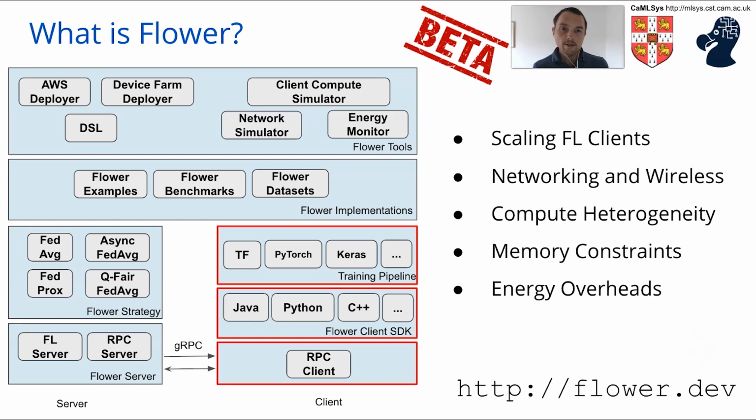A key component of Flower is the client support. We have a Flower Client SDK. You can implement Flower to run in terms of its client support on any different type of device through C++, Python, Java, and so on. You can take, as I mentioned, existing training pipelines that do not work in a federated fashion and link them in to our Flower framework and federate them in a very easy manner.